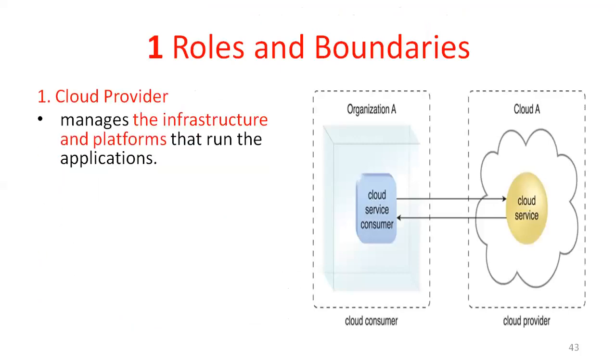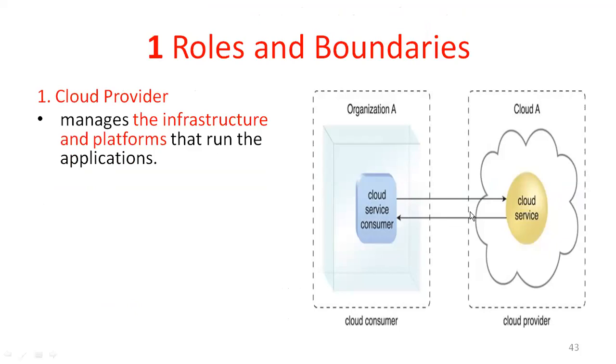Coming to the first important one, what is a cloud provider? The first role is the cloud provider. What is the main aim of the cloud provider in this case? On the right side you will identify that the cloud provider always maintains a cloud, always maintains a server.